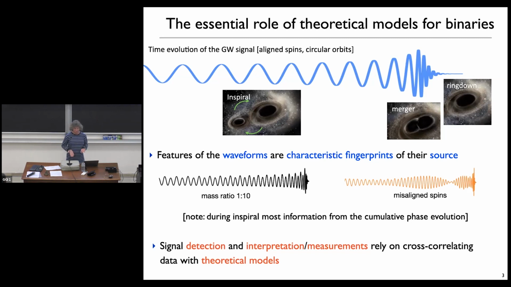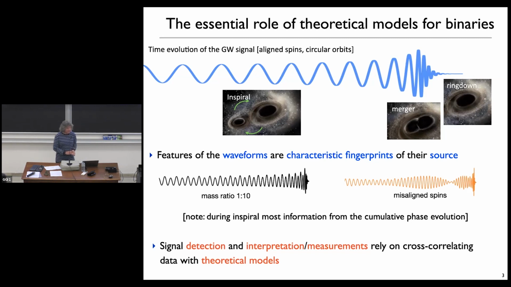And that encodes a lot of information about the source, which is not so easily visible, because we have to remember, even though the waveform looks like a relatively simple shape, in reality it really reflects the dynamical space-time of a binary system. And there's a very nonlinear relationship between the asymptotic waves that we measure in the detectors and the fundamental source properties.